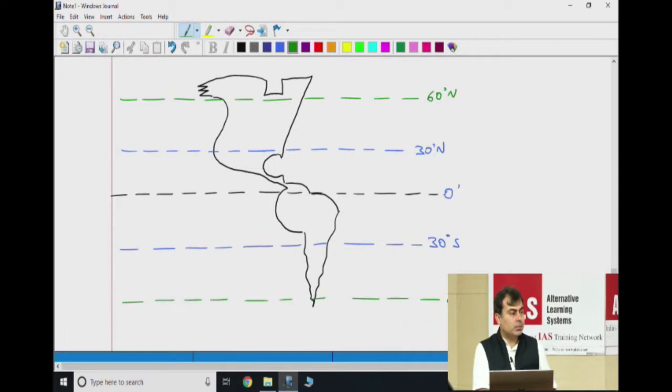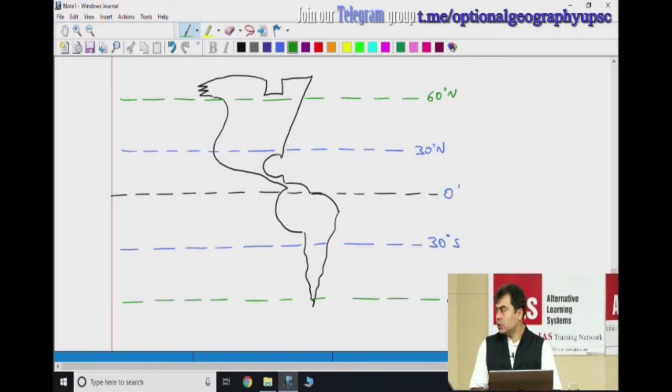Your job is to tell me the climate of North America and South America. The words you can use are warm, cool, cold, humid, arid and semi-arid. So which one is the warm part? So this is warm.